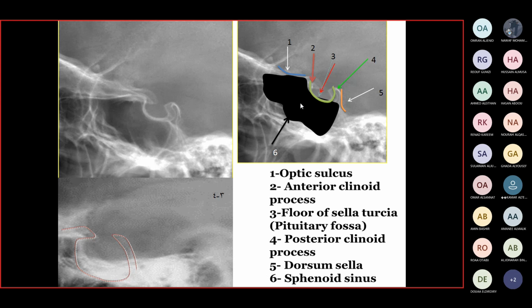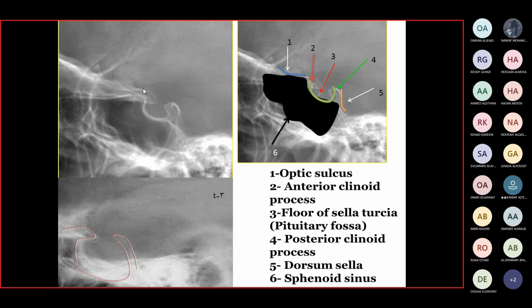You have to know the relation between the sphenoid sinus and the sella turcica, in which the pituitary gland is located. At the bottom, this is the floor of the sella turcica, the anterior clinoid process and posterior clinoid process, and this is the dorsum sellae. This is the anatomy in this area.